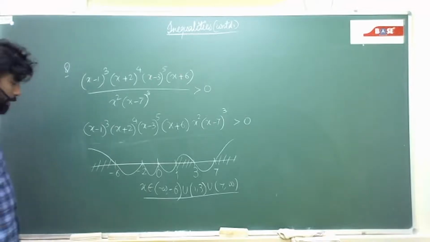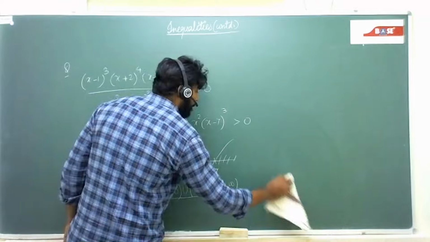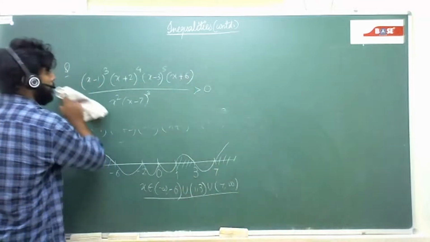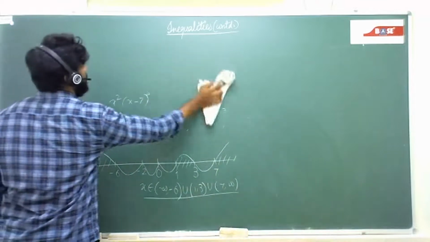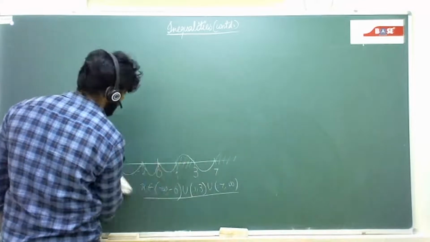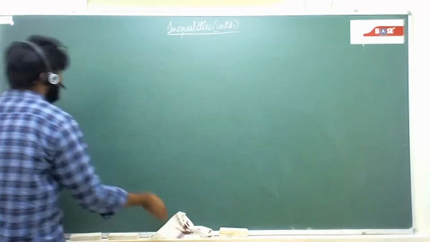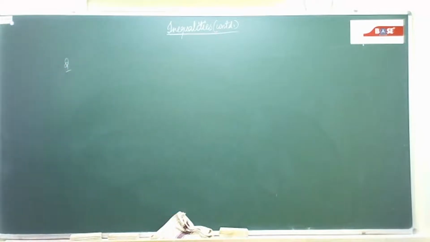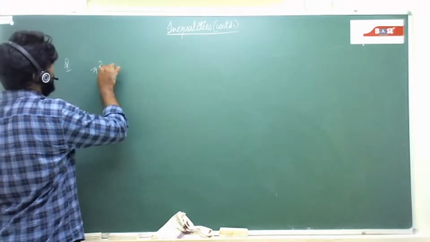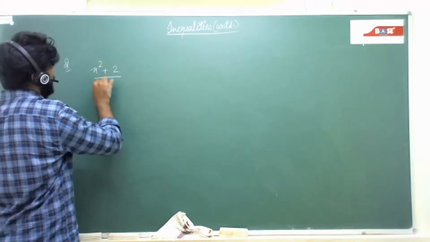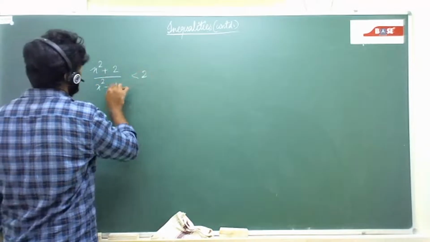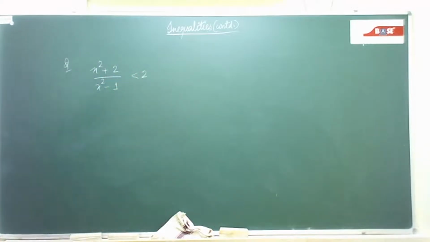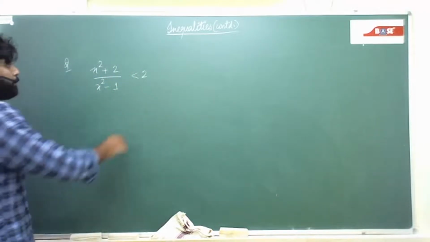Moving on, next question if we discuss. So we have the question (x square plus 2) by (x square minus 1) less than 2, less than minus 2.